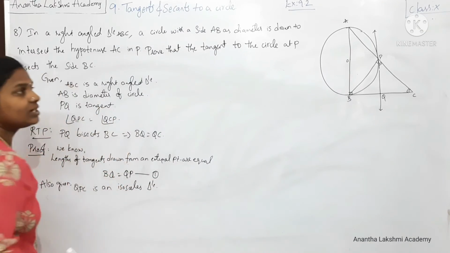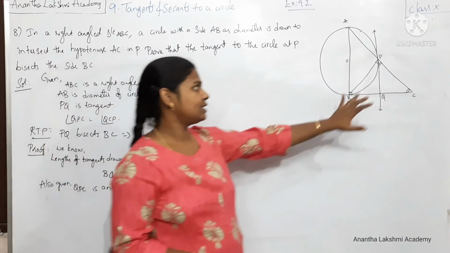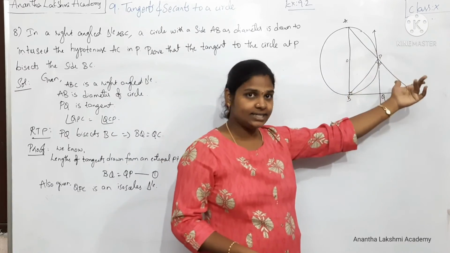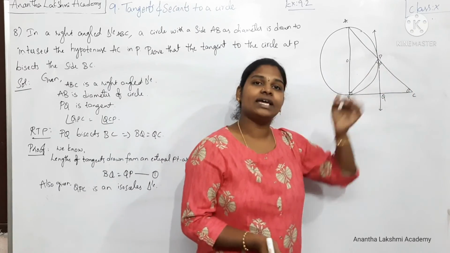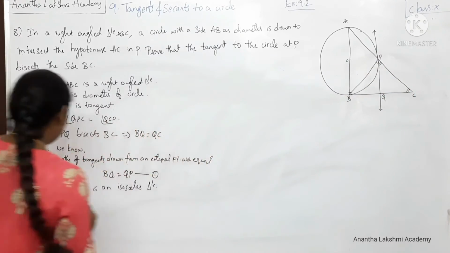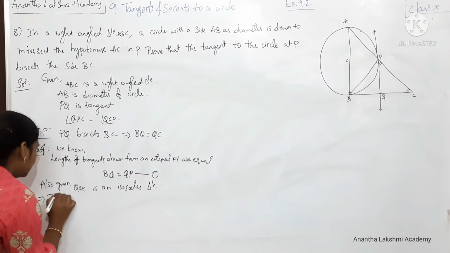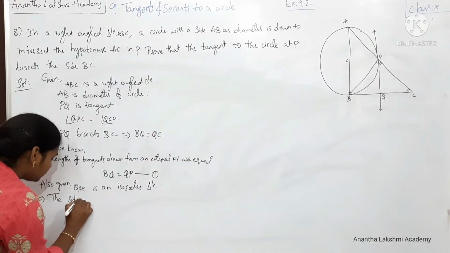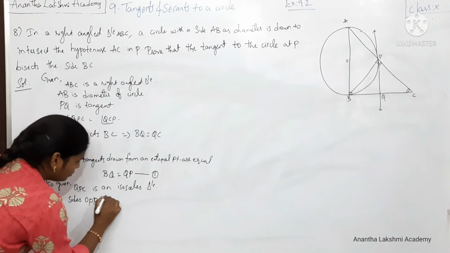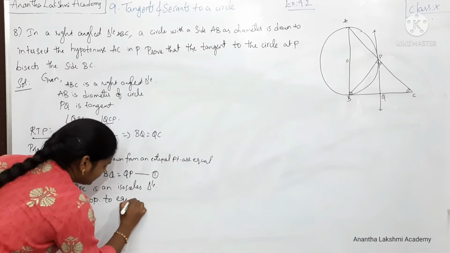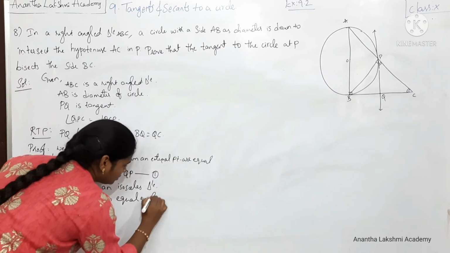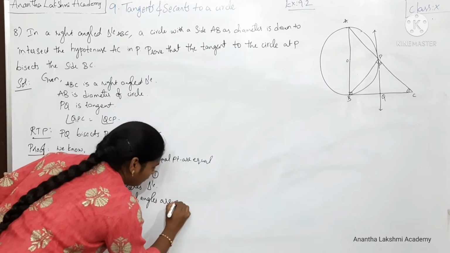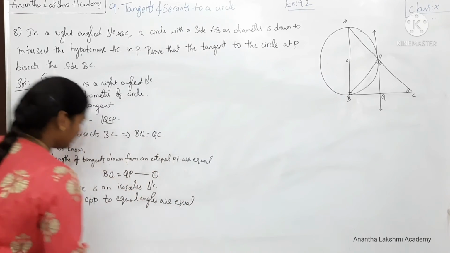What is the property for an isosceles triangle? When the triangle is isosceles, the sides opposite to the equal angles are equal.